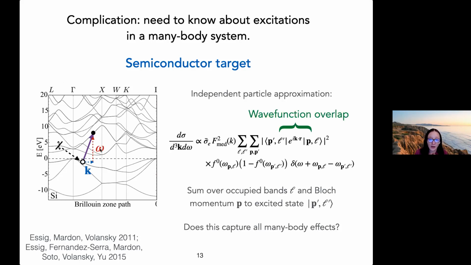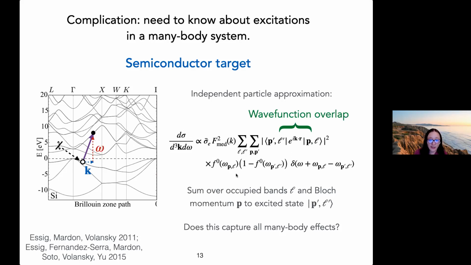In order to calculate this, you can make an approximation called the independent particle approximation. If you do that, then the rate looks kind of like you might expect from a quantum mechanics approach: you have some final state wave function, some initial state wave function, and you want to compute the wave function overlap with your particular interaction. So you need to know the details of the wave functions and compute this overlap.